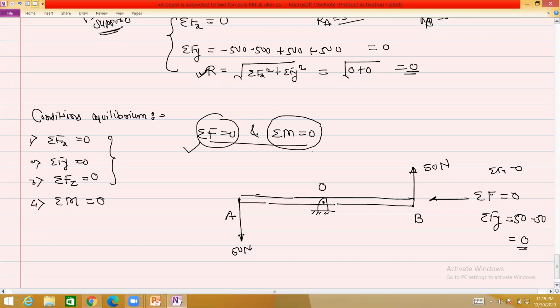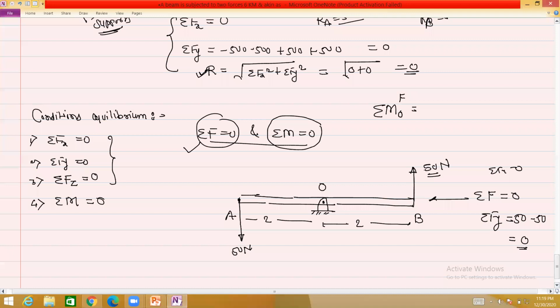But whether summation of moment is equal to 0, we will take the moment about the point O. So just write the equation: summation of moment by all the forces about the point O. Consider the first 50 Newton. For the time being, consider this is 2 meter, and this is also 2 meter.